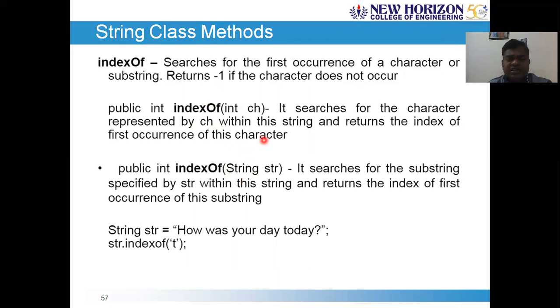In this case, it searches for the character represented by ch within this string, and returns the index of the first occurrence of this character. As I mentioned, there may be a number of repetitions of that character in a string. Always it returns the index of the first occurrence in the string that you have used to invoke indexOf. In a similar way, for indexOf string str, it searches for the substring specified by str within this string and returns the index of the first occurrence of it.